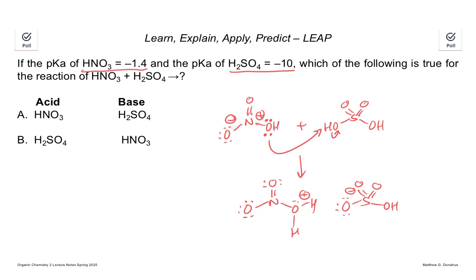And so it'll generate that. So nitric acid is now protonated, and then we have the conjugate base of sulfuric acid. So B would be our correct response here.